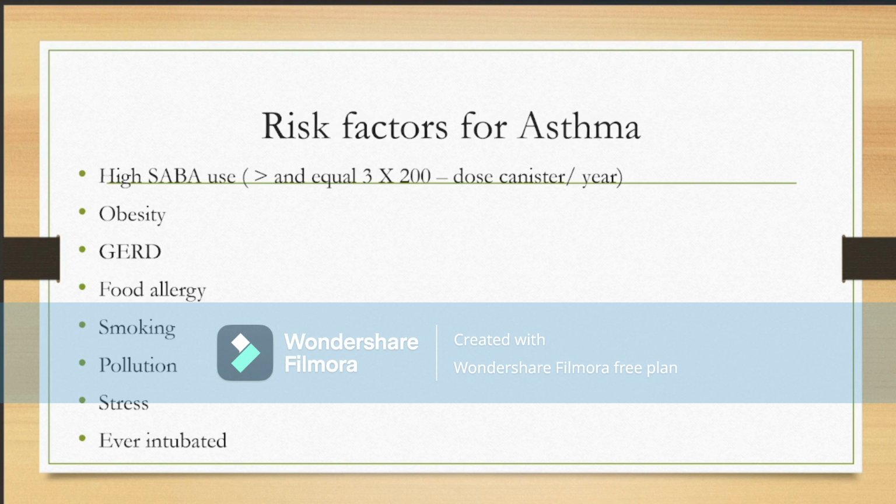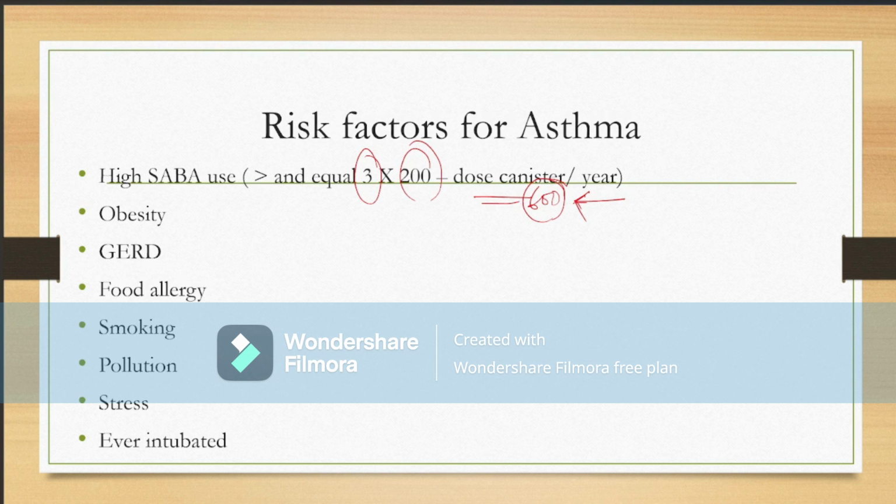High SABA use means if any patient takes more than 200 dose canisters per year, that means 600 times SABA in a year, then the patient may have a chance of having exacerbation of asthma in future, and this is a risk factor for asthma exacerbation.